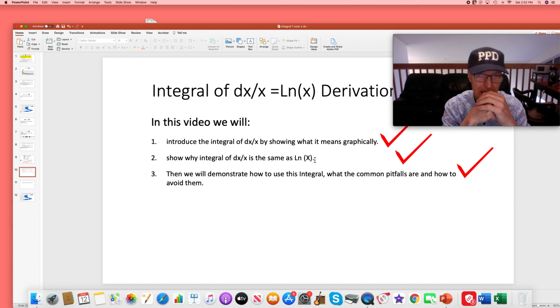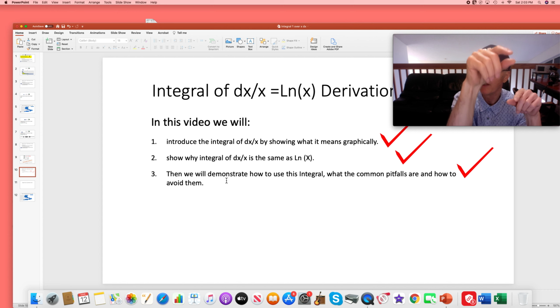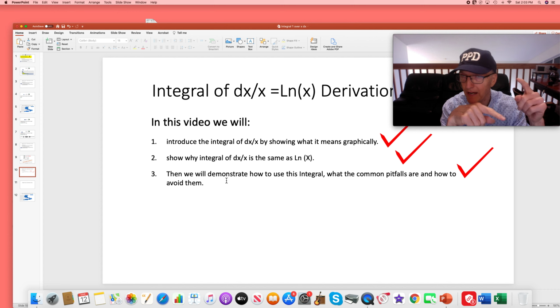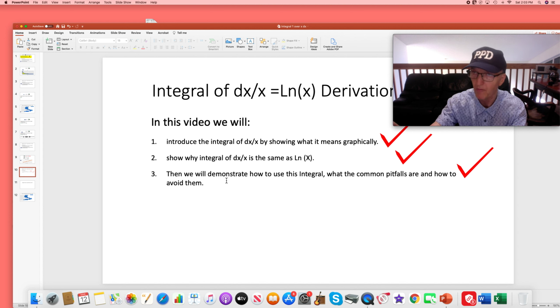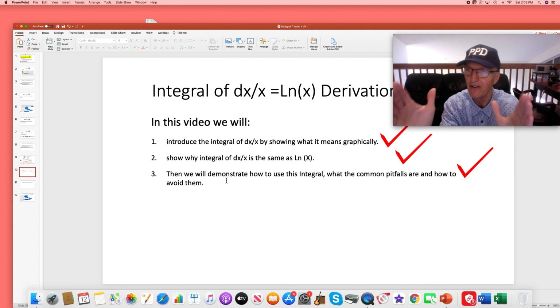And lastly, we wanted to demonstrate how to use this integral, what the common pitfalls are, and how to avoid them. I showed that you can go from any number to another number as the range. You start somewhere on the curve 1 over x and stop somewhere on the horizontal axis, and you get the area under that curve.